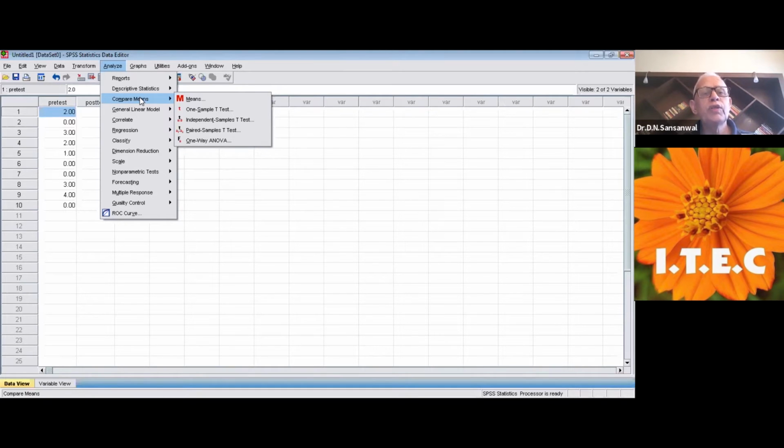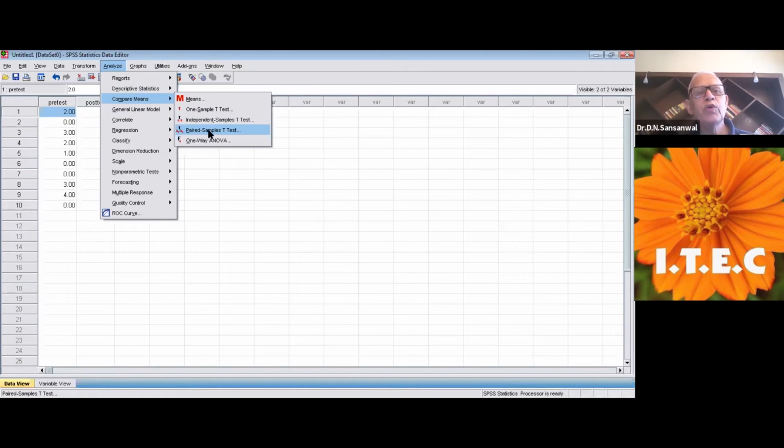Here you can see what is called the paired samples t-test. Either you can say correlated t-test or you can say paired samples t-test.